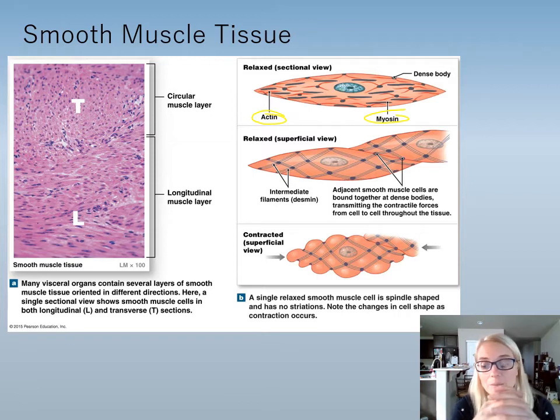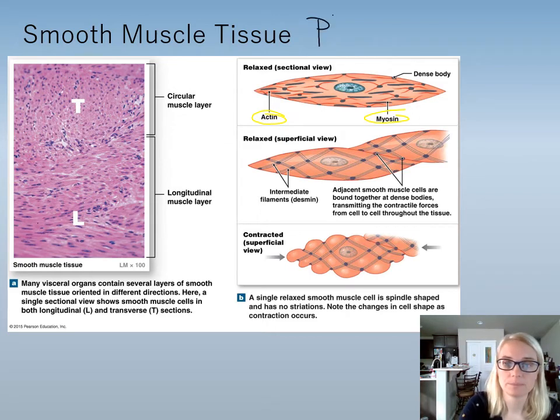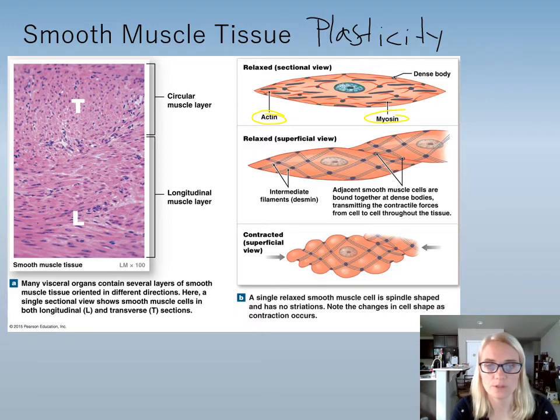So when your stomach is empty, the cells are all kind of close together, but they still want to be able to produce contractions. And then you eat a large meal and your stomach is now enlarged and all this smooth muscle is stretched, but we still want to be able to produce contractions. So the ability to produce tension or contractions over long or various lengths of the muscle fiber is what we call plasticity in smooth muscle tissue.